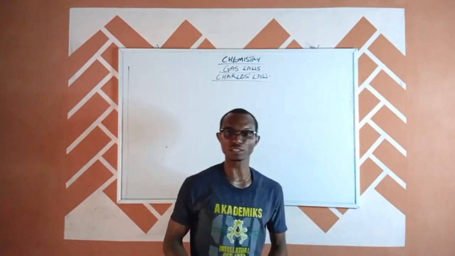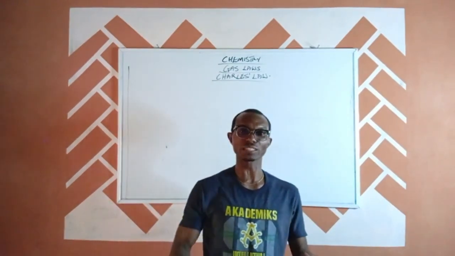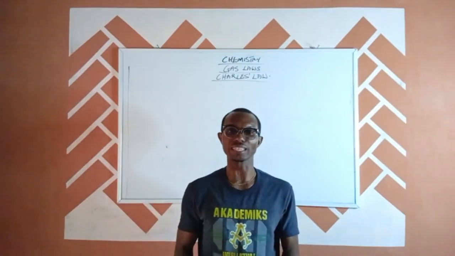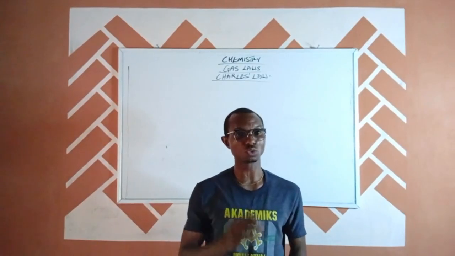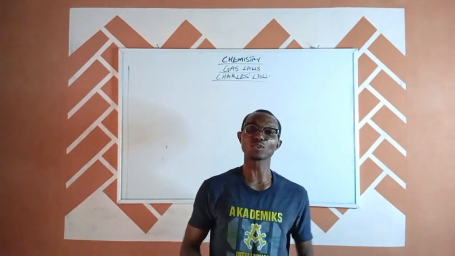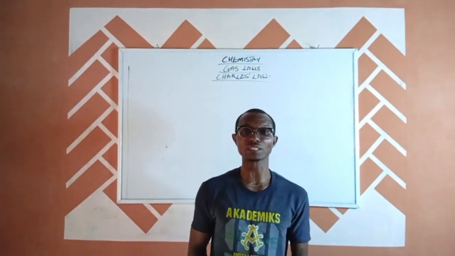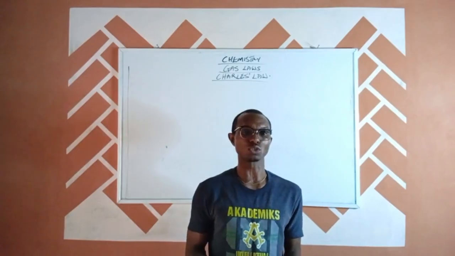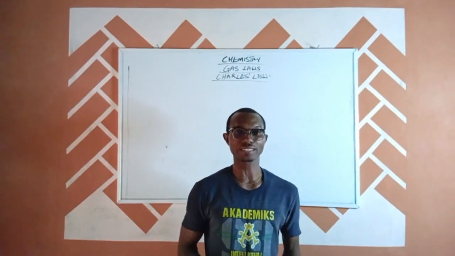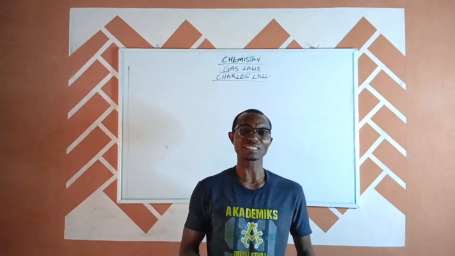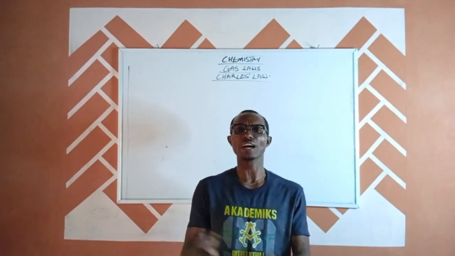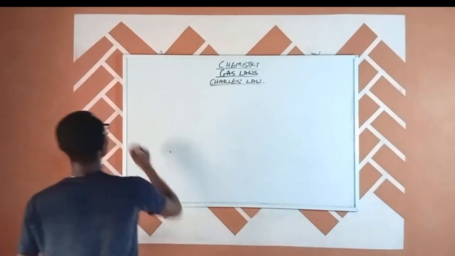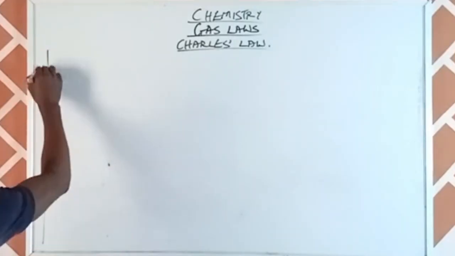For us to understand Charles law properly, we need to understand the reason why we keep saying that the temperature must be in a particular unit, which is Kelvin. Perhaps you are given your temperature in another scale, probably in Celsius. How can you then convert it? I'll give a few examples and then we go into answering questions.